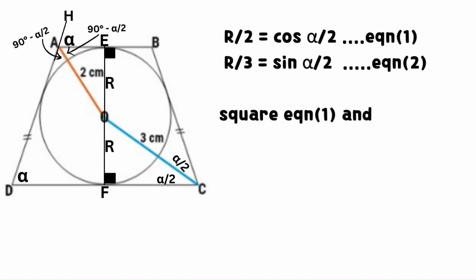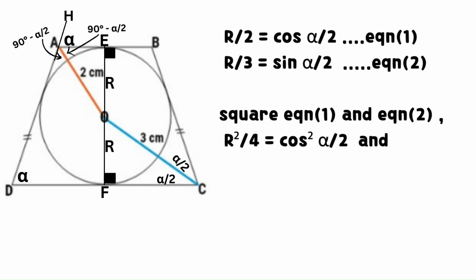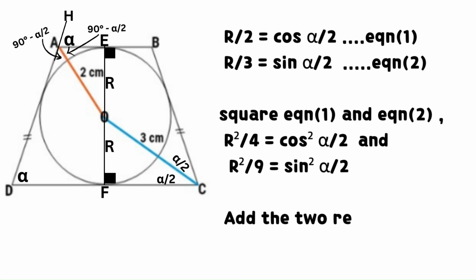It is equation 1, and 1/3 of r equals sine of half of alpha. This is equation 2. Thus, square equation 1 and equation 2. We obtain that the square of r divided by 4 equals the square of cosine half of alpha, and the square of r divided by 9 equals the square of sine half of alpha.